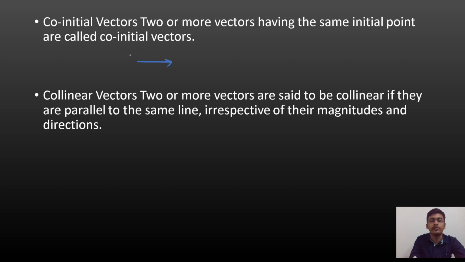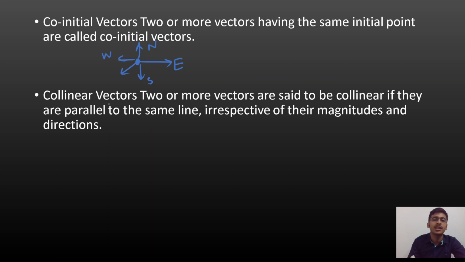When I was talking about the Greenwich meridian and equator, the point from where all these vectors were originating, which were nothing but the east, north, south, west directions, these were all co-initial vectors because they were originating from the same point. If you take a compass in your hand, you get all those vectors from the same point, right? So all those vectors are co-initial vectors.